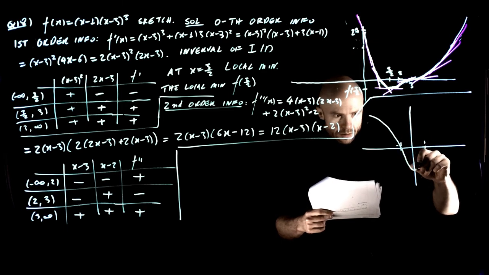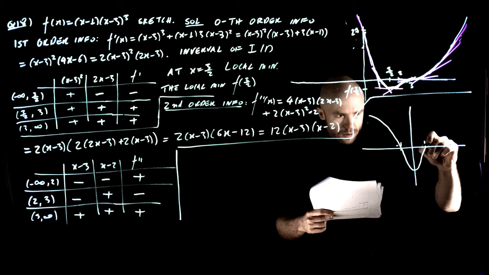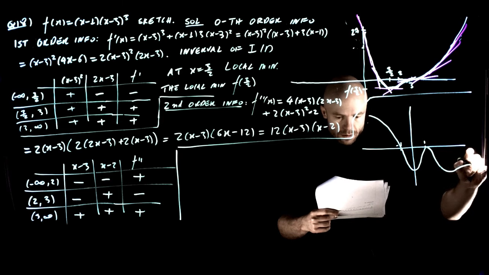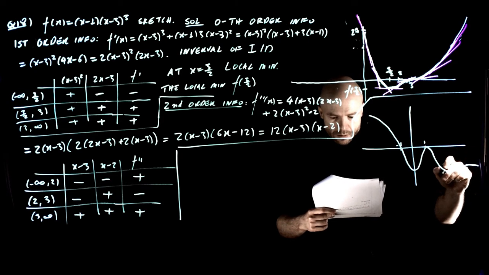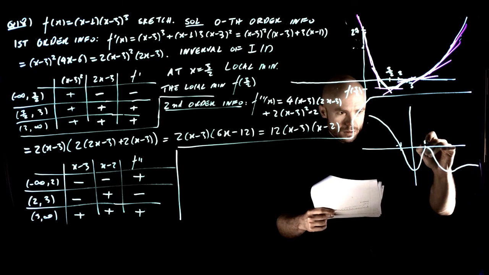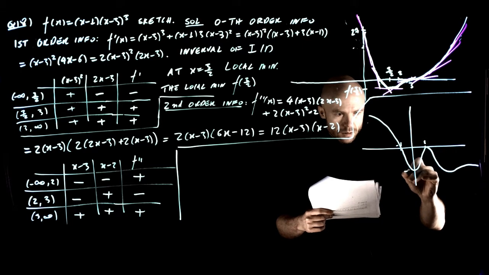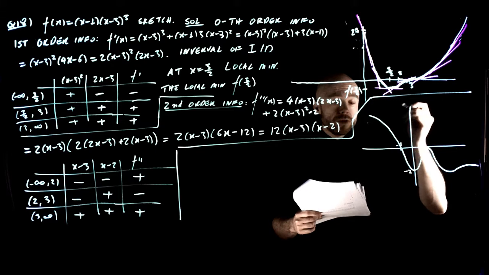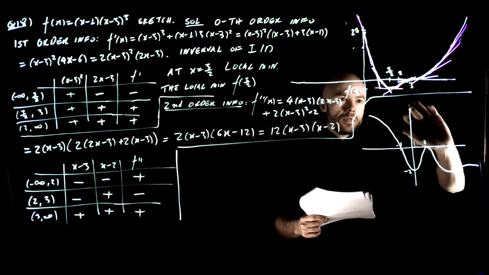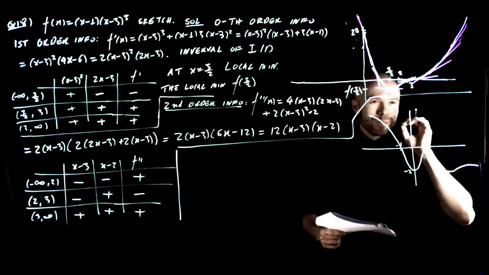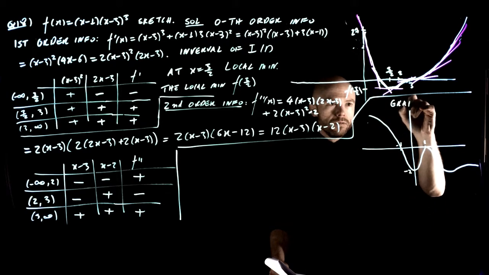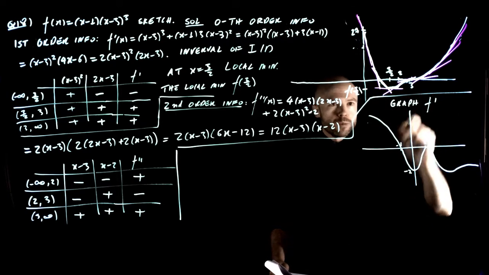Goes down to -2, goes up, hits 1, goes down again, like this. So -2. And it says this is the graph of the first derivative of f, so it's important to identify what it's the graph of. So graph of the first derivative, so graph of f prime.